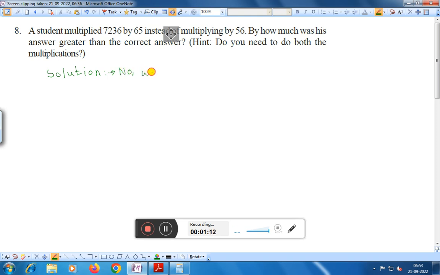No, we do not have to multiply both the numbers. We'll find what is the difference between the numbers.